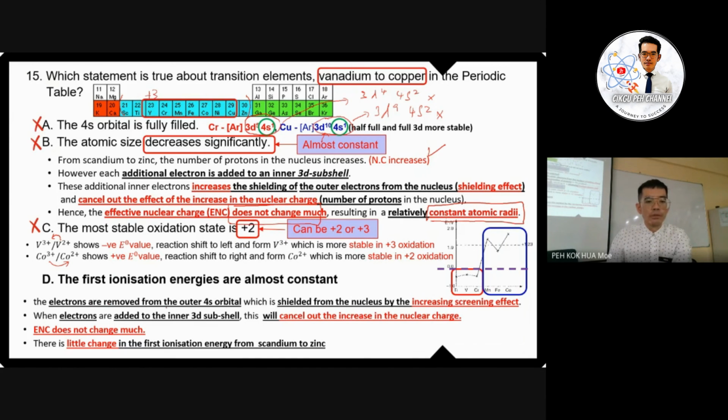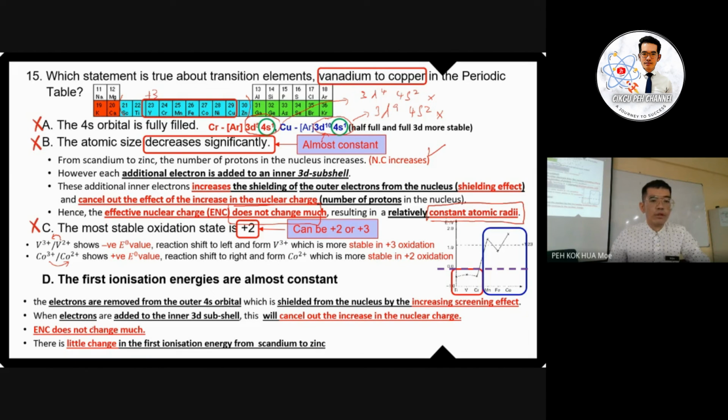Here the electron is removed from the outer 4s orbital, which is shielded from the nucleus by the increasing screening effect. When electrons are added to the 3d orbital, the repulsion between the inner electrons at 3d causes the effective nuclear charge to become not much different.